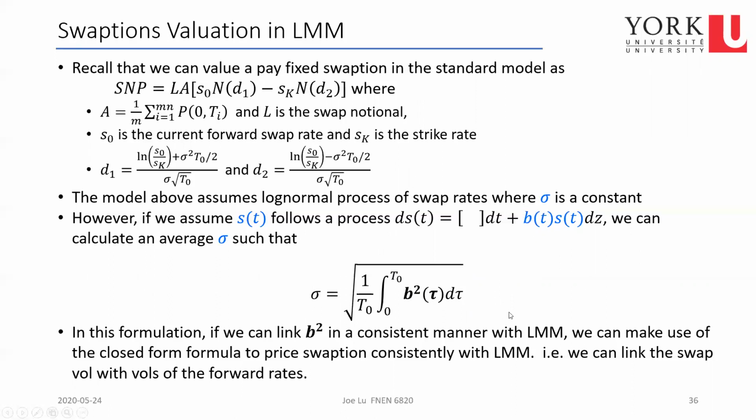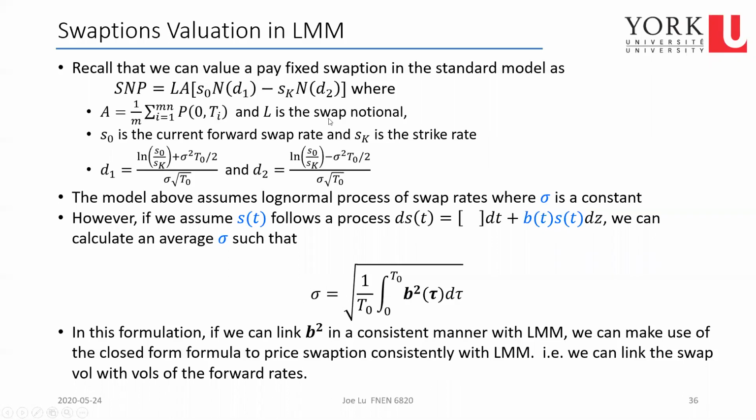So to be able to do that, we have to calculate this b squared here. And we can do that using something consistent with the LIBOR market model to get the b square, and then use this process to get this sigma here.